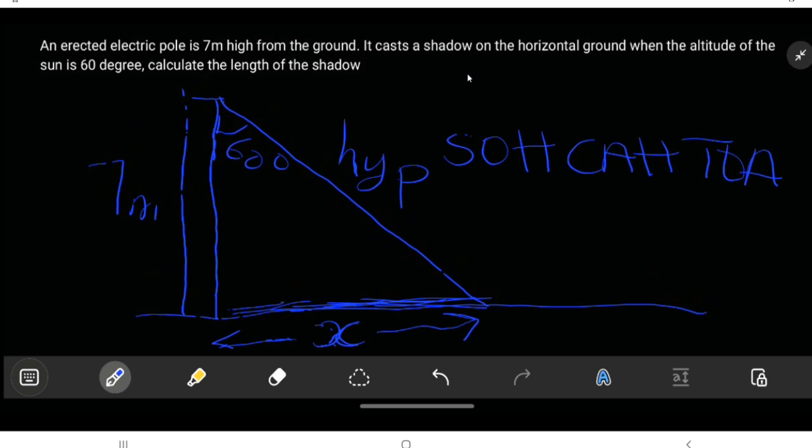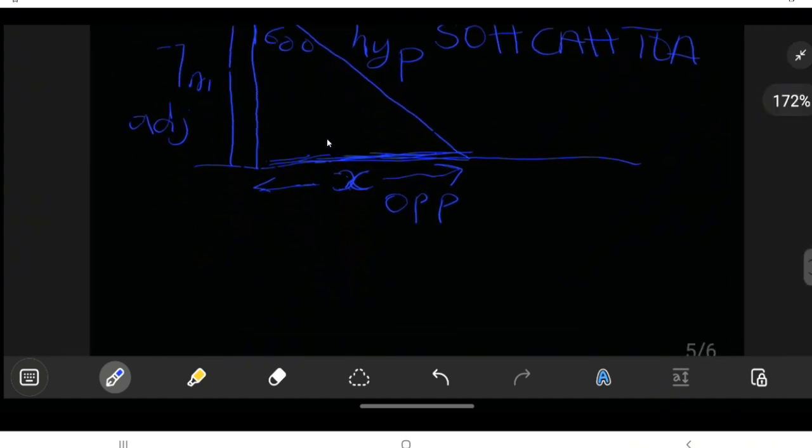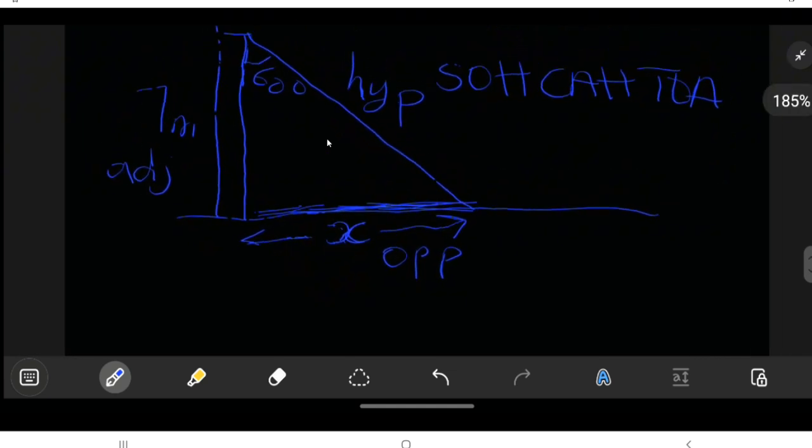In this question, here becomes our opposite, because the angle is facing towards this side, and that leaves us with 7 meters, which is our adjacent. So we're looking for a formula that has to do with adjacent and opposite. So it's tan.